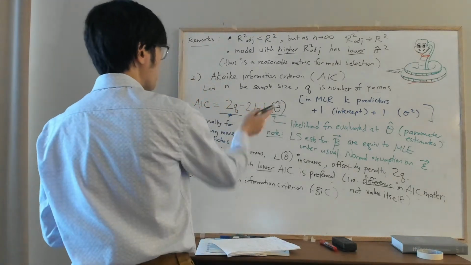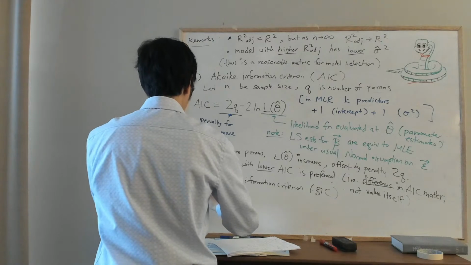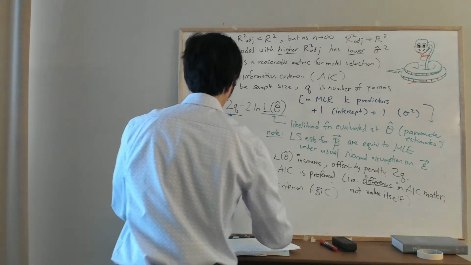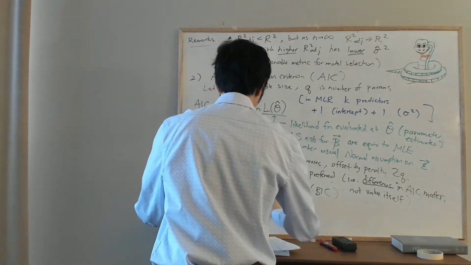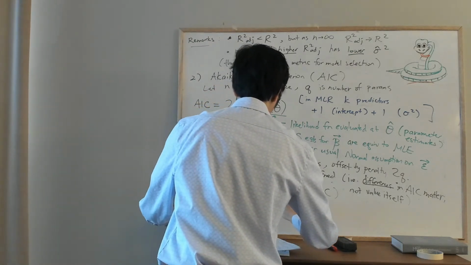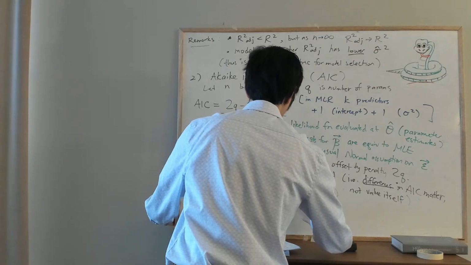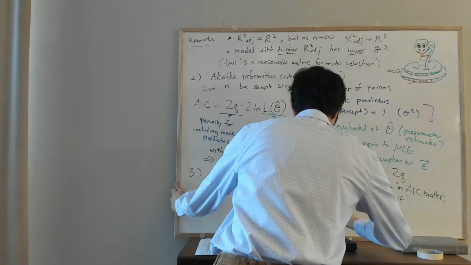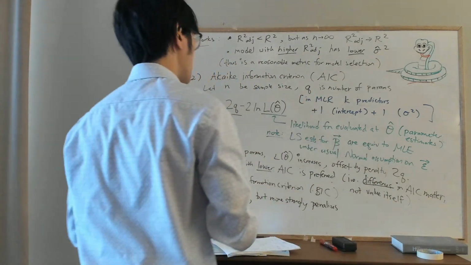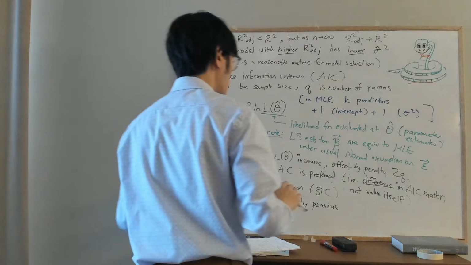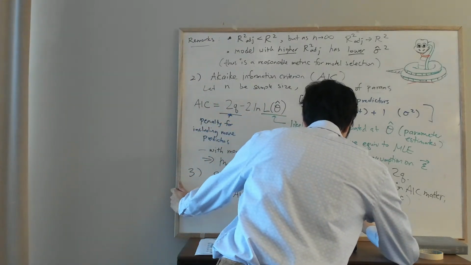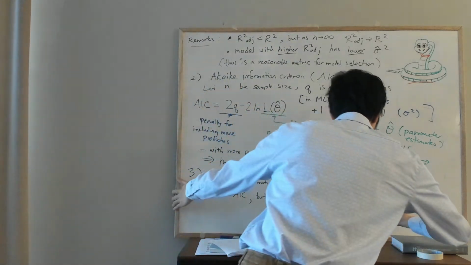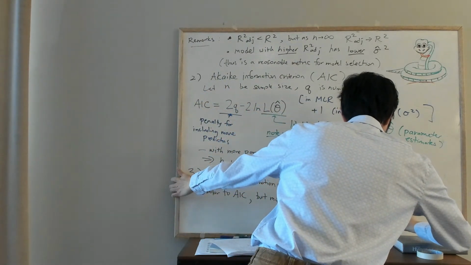It's similar to the AIC, but it uses a different penalty term that more strongly penalizes inclusion of more variables.